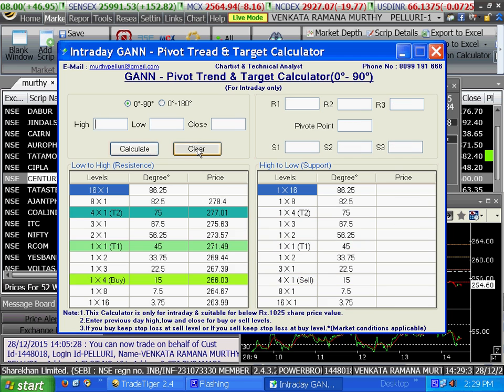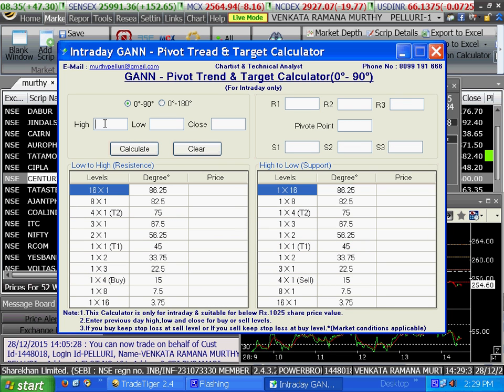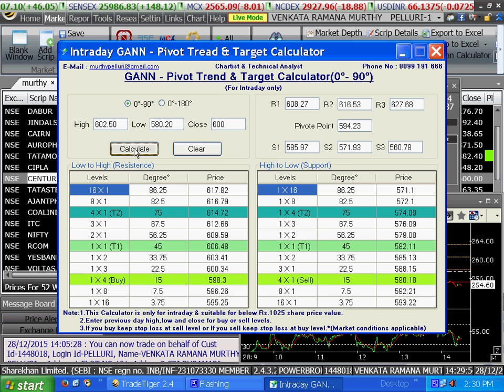The previous day's high was 602.50, low was 580.20 and close was 600. Now I am calculating what result will come. The buying level is 598.30 and the selling level is 590.18. We will see what happened to Century Textiles.